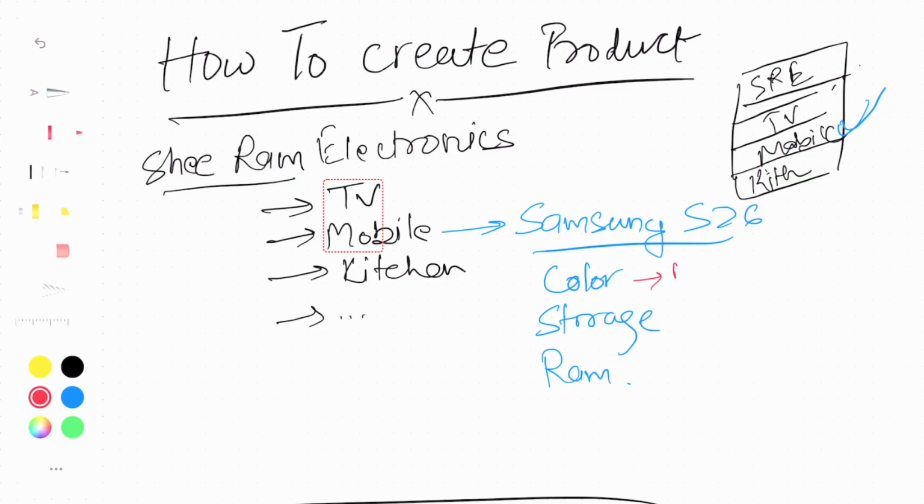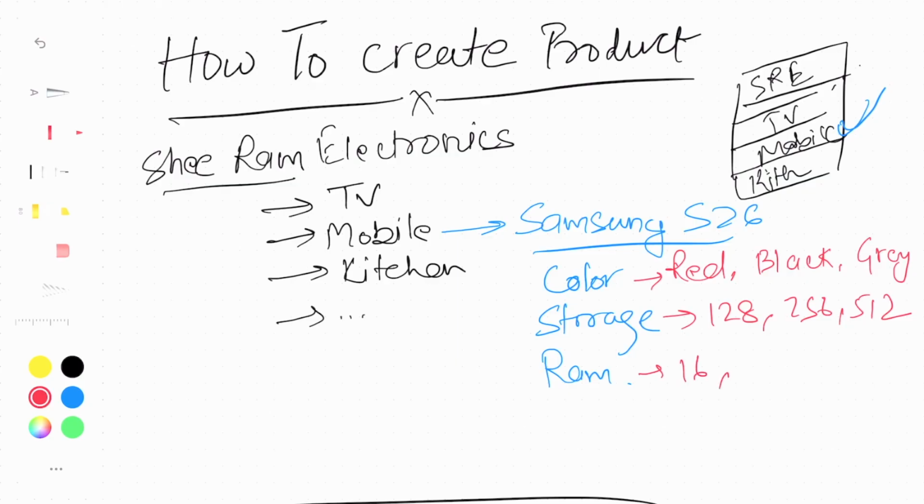In color we have red, black, and gray. Let's suppose in storage we have 128, 256, and 512. In RAM we have 16, 18, 32, and 64. So this is the basic structure.